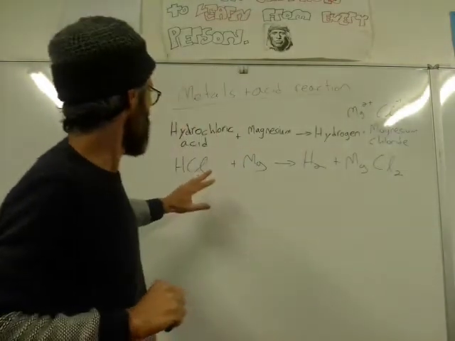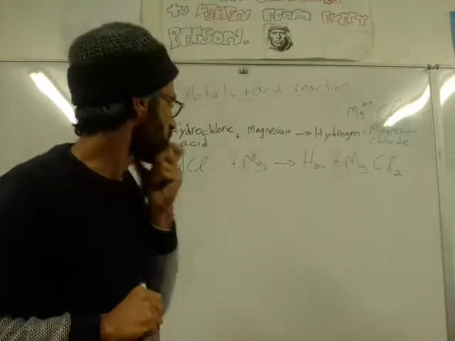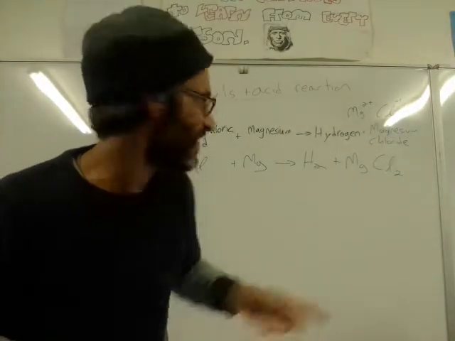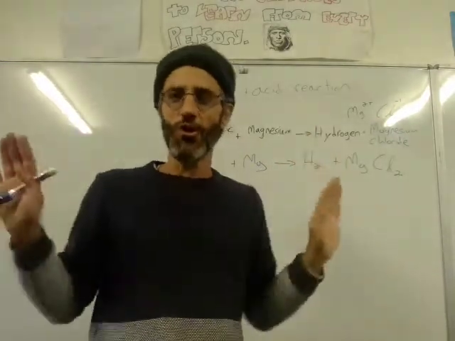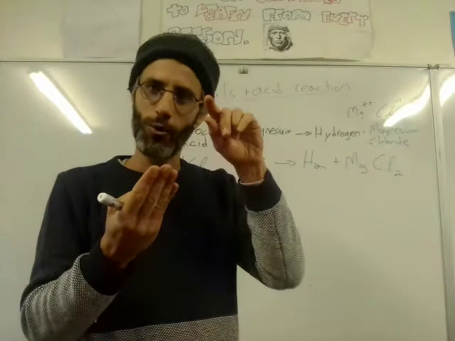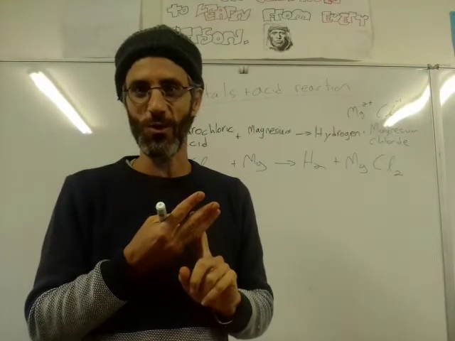Now, there's one thing we haven't done yet. Can you think about that? What's wrong with this chemical equation? It's not balanced, isn't it? I've got 2 hydrogen, only 1 here. But let's just agree not to balance this point. We're going to go through 3 types of chemical reaction in the next week or so.